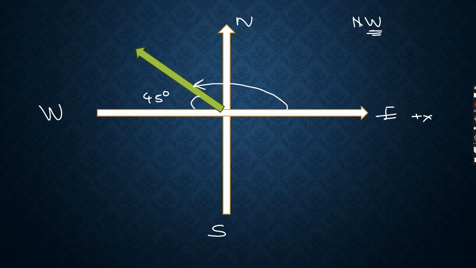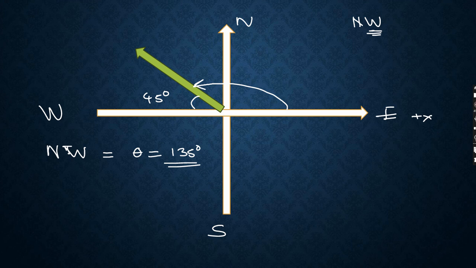Now when you hear northwest, just know that the theta they are looking for will be 180 minus 45, which is 135. That is northwest. You shouldn't need to master this, guys. Just know how to go about it. But if you are good at memorizing, you can memorize that northwest means 135 degrees.